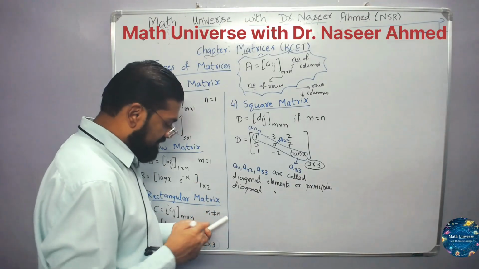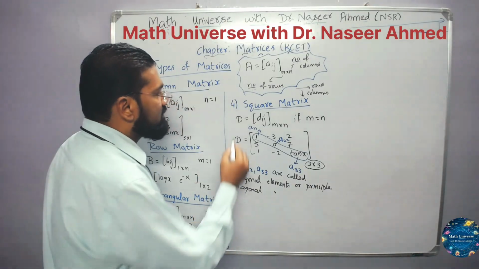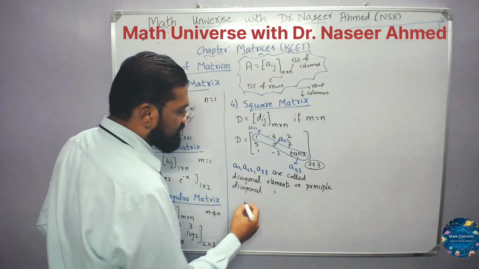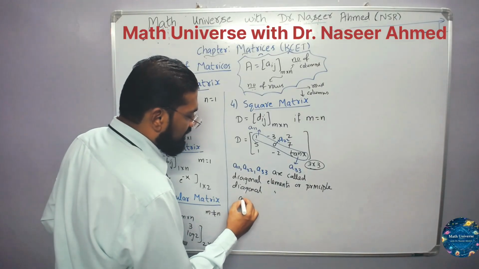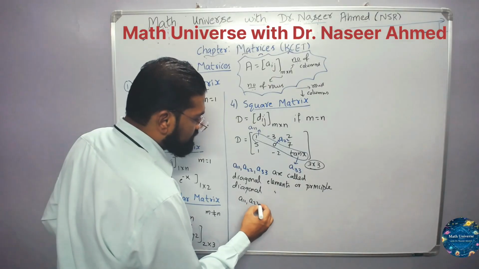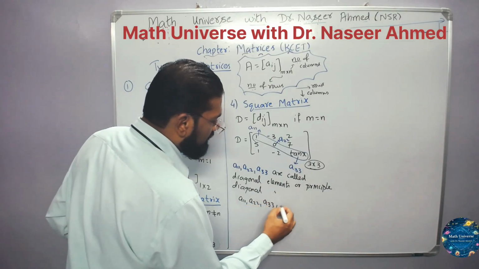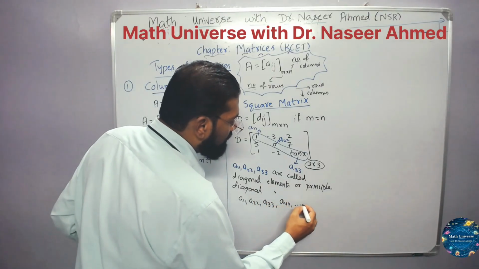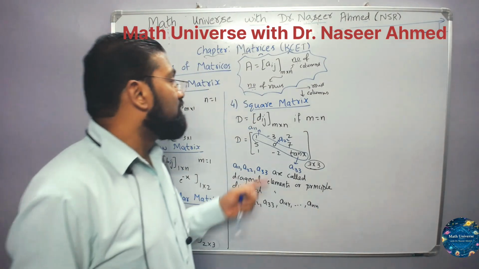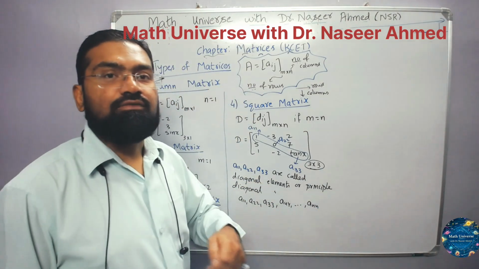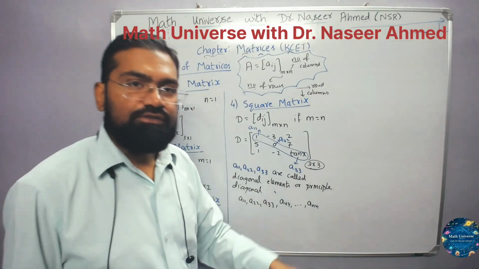In general, if I talk about this matrix, when we talk about diagonal elements, the diagonal elements will be A11, A22, A33, A44, and so on up to Ann. And whenever it's a square matrix of order n, we won't specify that it's a square matrix of order 2 cross 2 or 3 cross 3 or n cross n.